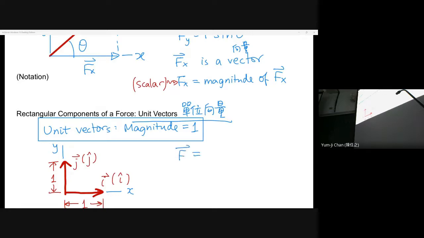F is equal to Fx plus Fy above. I'm just repeating it. So we can write the magnitude and direction using unit vectors. So we have Fx i plus Fy j here.